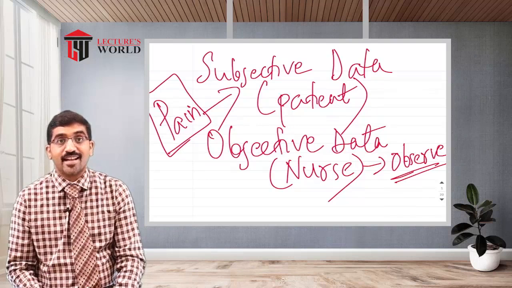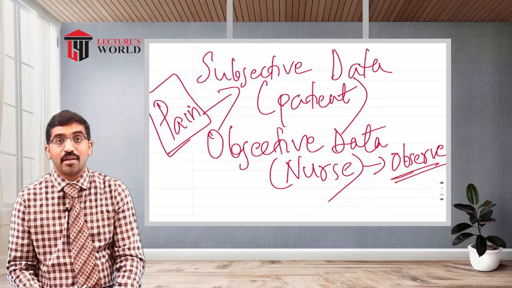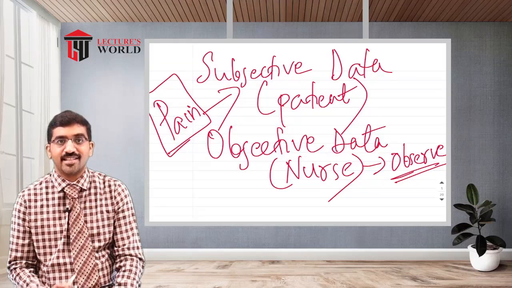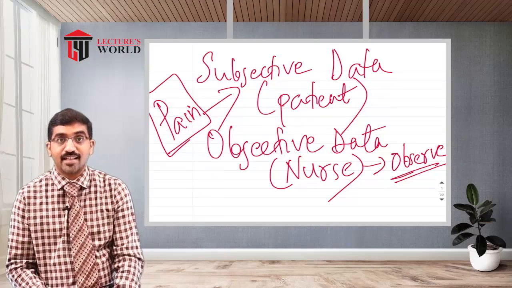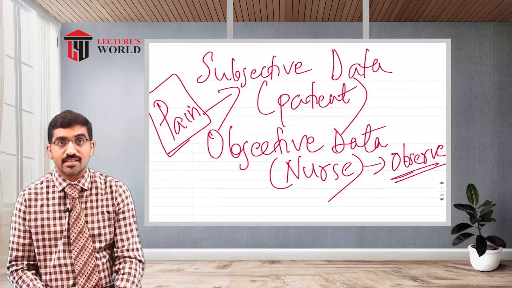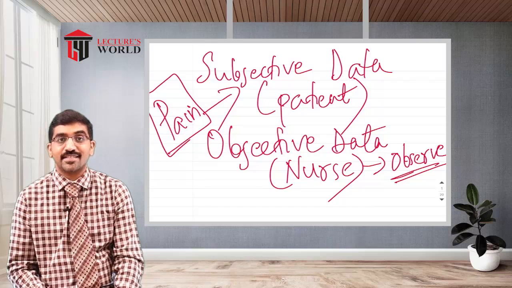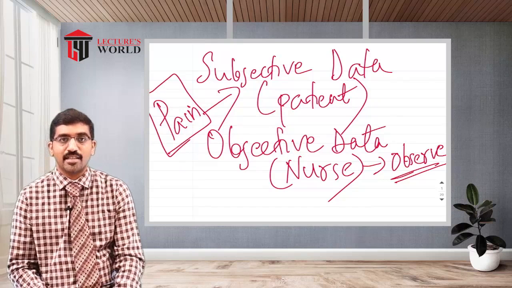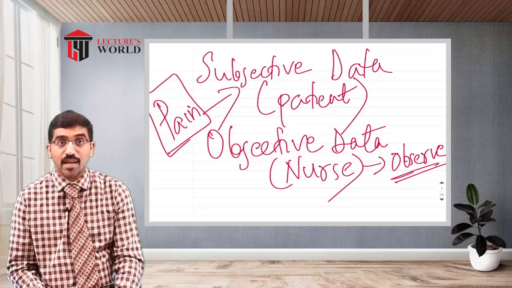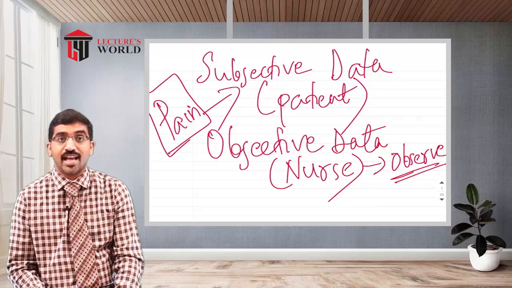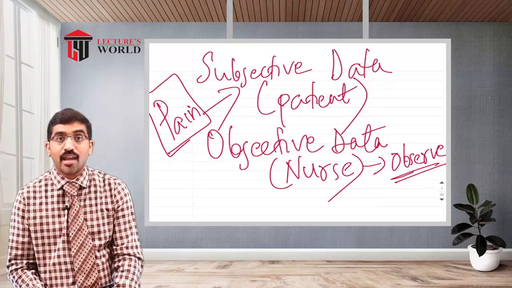I cannot understand any person's or any patient's pain. Only that particular person can express their feelings. So that is subjective data. And what about objective data? Here we are confirming with the person, through this physical examination or health assessment technique, whether his pain is hurting him too much, how much pain he is having, what his facial expression is, and whether his pain is affecting his normal activity.